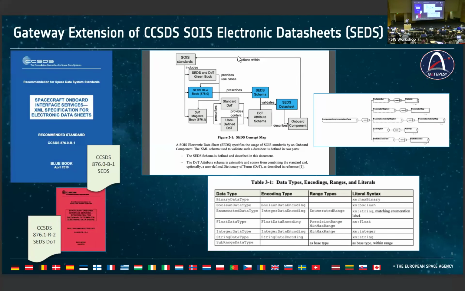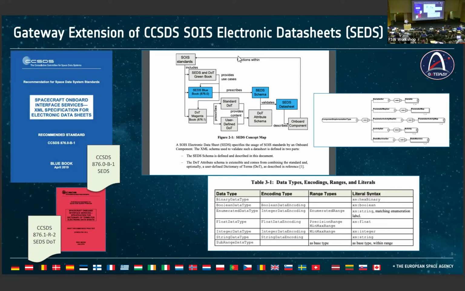I want to mention briefly the electronic data sheets which are used. There is a CCSDS standard called XML specification for electronic data sheets, which defines some data types and elements to describe software interfaces.